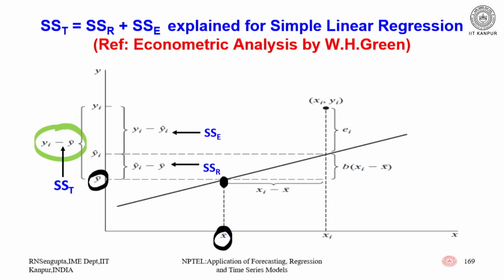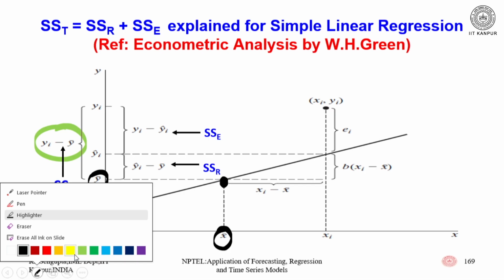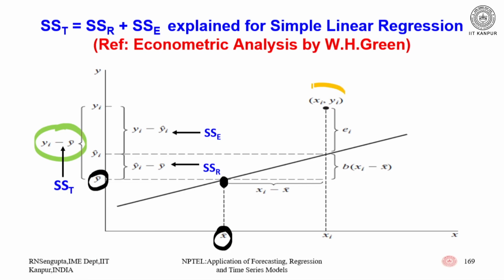And the point which you have, xi, yi, are given. I will use a different color. This is xi, yi, this point is given, and that point gives you the idea that the difference from yi till y bar is actually the one which is shown here by the curly bracket.